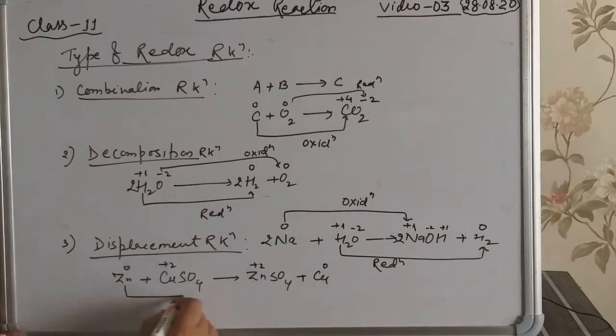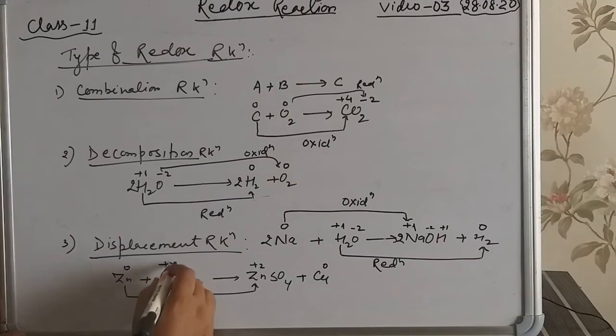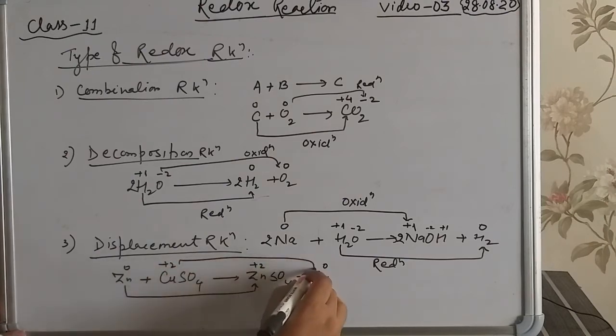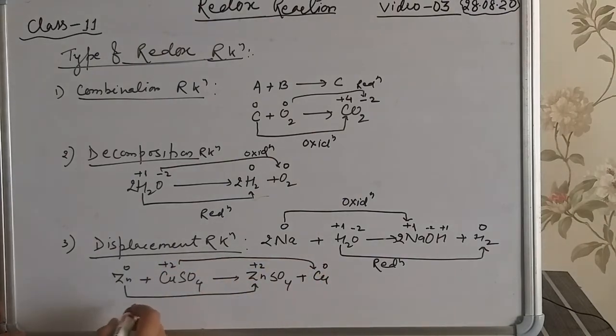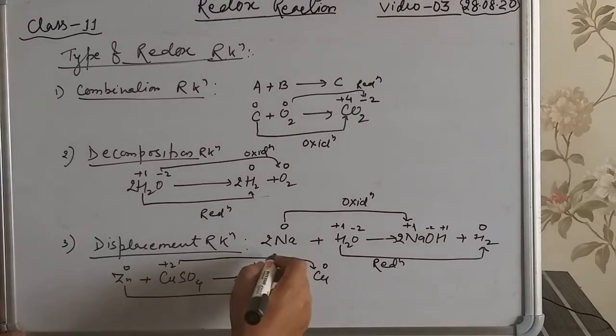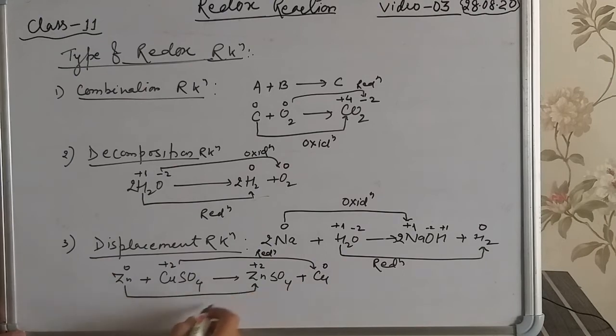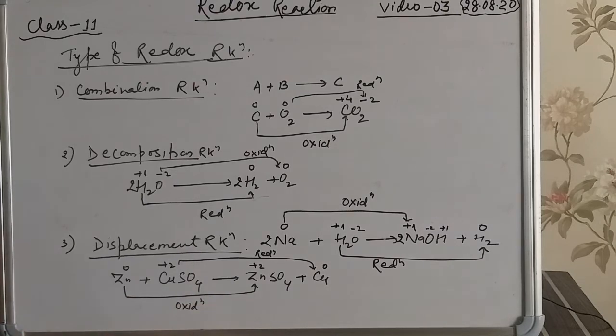So zinc goes 0 to +2 and copper +2 to 0. So +2 to 0 means reduction takes place, and 0 to +2 means oxidation takes place. Increasing oxidation number is called oxidation. Decreasing oxidation number is known as reduction.